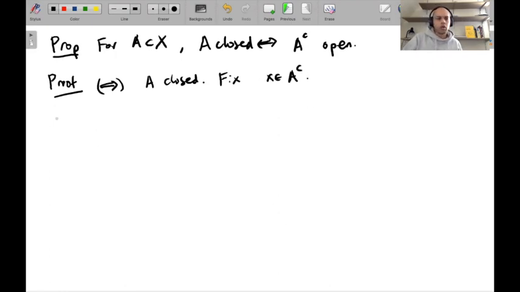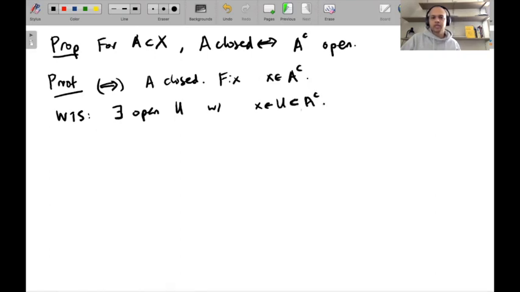We want to show that there exists an open set U with x contained in U contained in A complement. How do we do this? This follows quickly from the subset trichotomy.